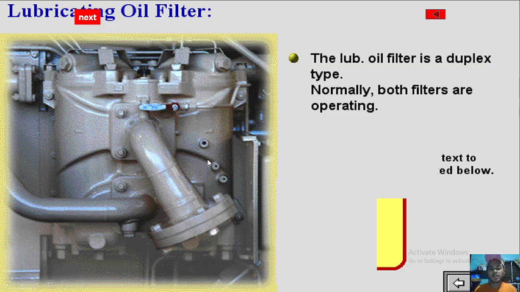So we have a lubricating oil filter. The filter is a duplex type filter. So if ever the running filter is dirty, you can change over to the clean filter, and then you can clean the dirty filter even when the engine is still running.